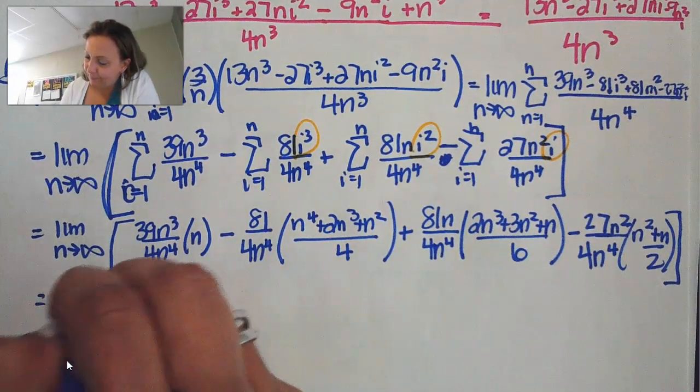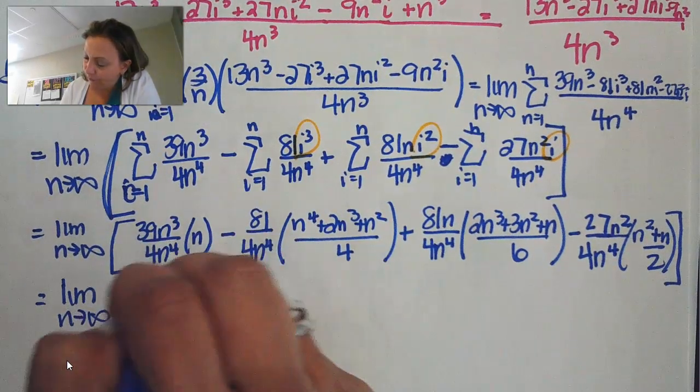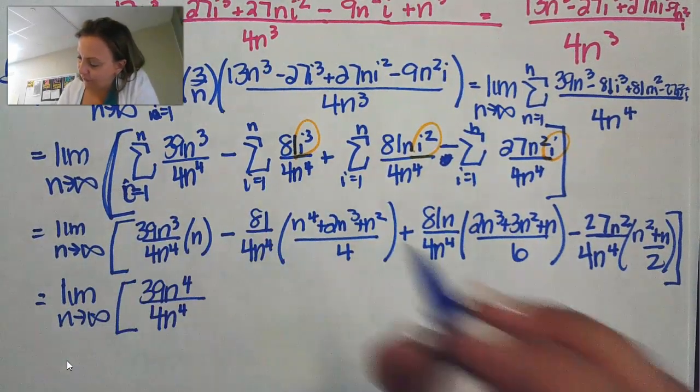So again, I like to simplify each one of these. So 39n to the fourth over 4n to the fourth.